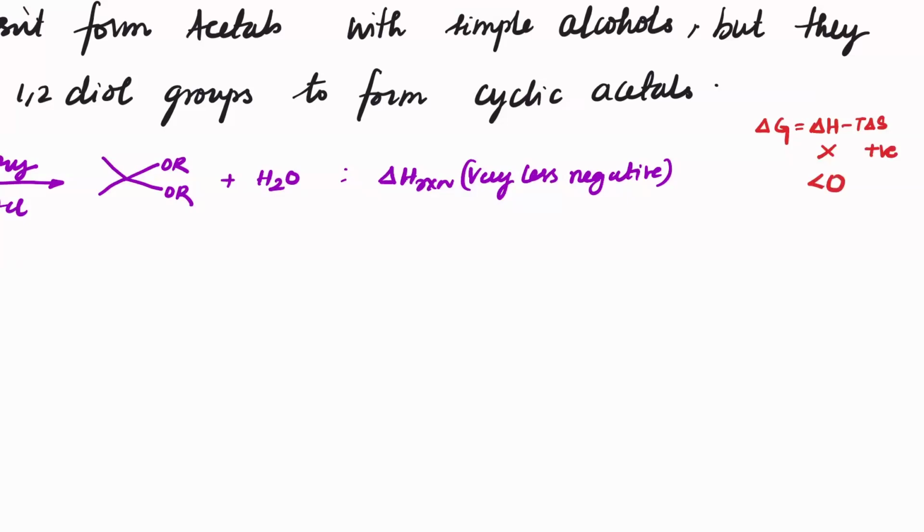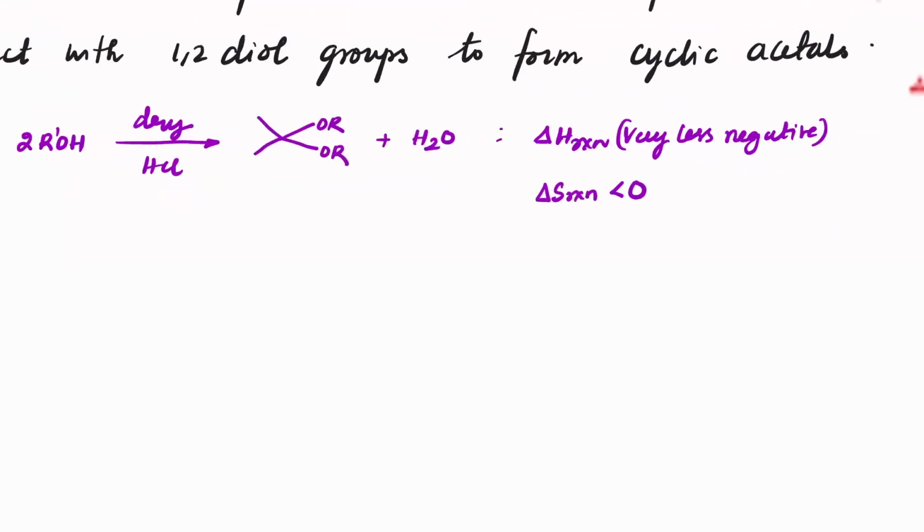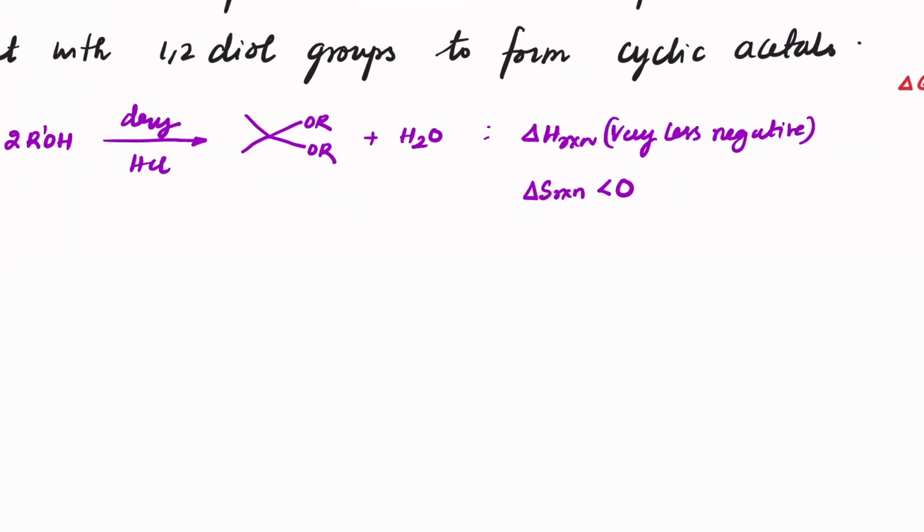So to keep delta G negative, the entropy has to be positive. But in this case, delta S of the reaction is quite negative. Why is that negative? On the reactant side we have three molecules, and on the product side only two molecules. So entropy is decreasing, and since entropy is decreasing, this is a less spontaneous reaction.